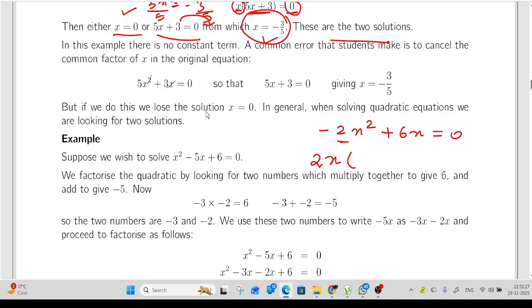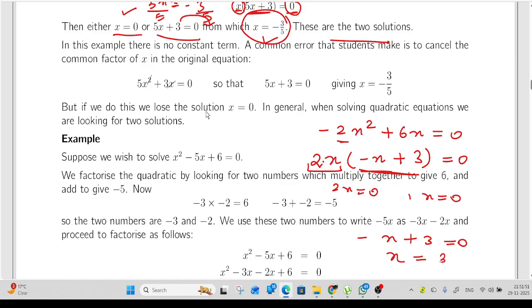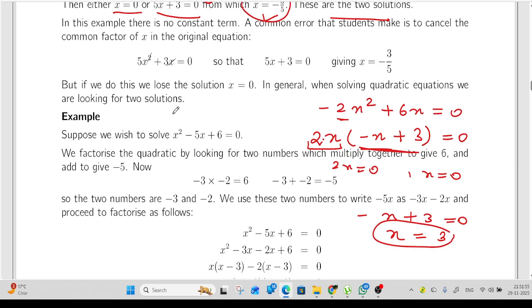If we take 2x common, we get negative x here, and on this side we have 2 times 3 is 6, so 3, right, is equal to 0. So first we equate 2x with 0. If we divide both sides by 2, we get x is equal to 0. Then we equate this with 0, so negative x plus 3 is equal to 0. If you move x to that side, you get x is equal to 3, right? So that's how we solve.